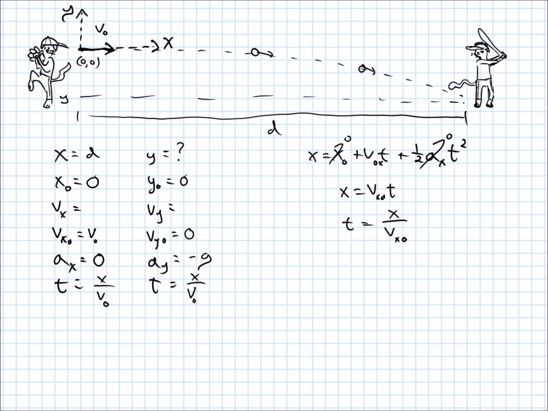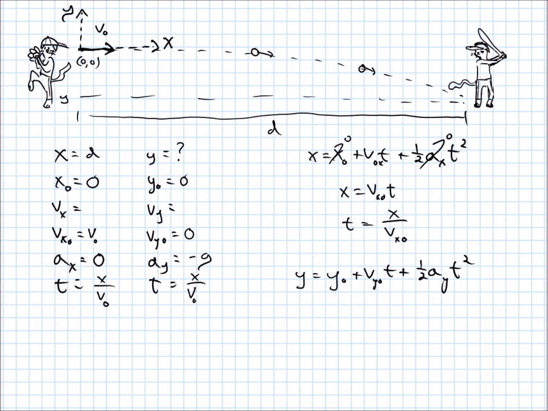So then, now looking at the y equation components here, I'm only missing 2 things. So I should be able to solve for y. I think we're going to use the same equation. Let's see, with y's of course. Y initial plus vy initial t.